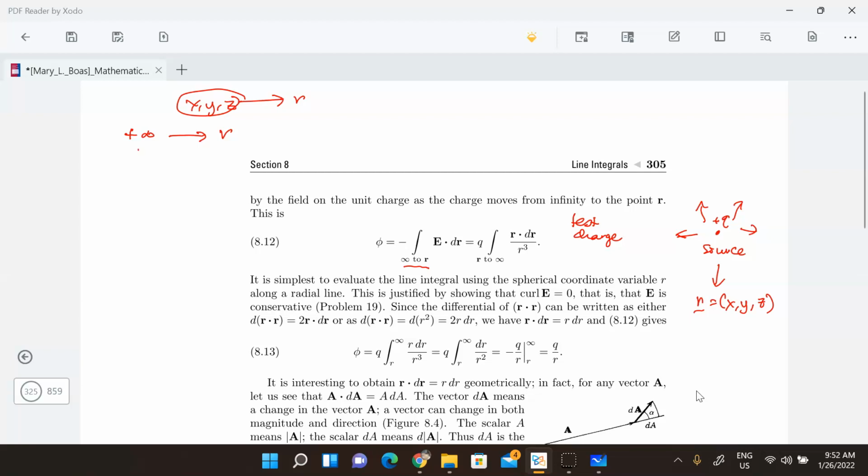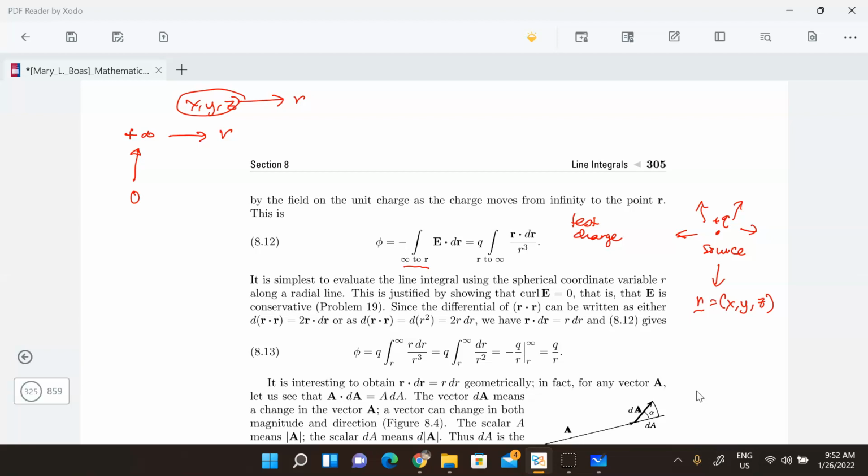Why do we take it from infinity here, or minus infinity in terms of the Cartesian coordinates? It's because you expect the answer to be 0 over there. Okay, the value of your field is going to be 0 over there because it's decaying.